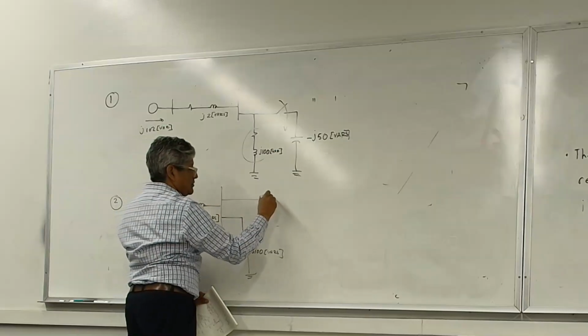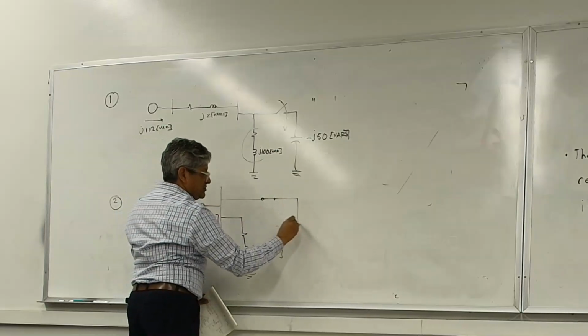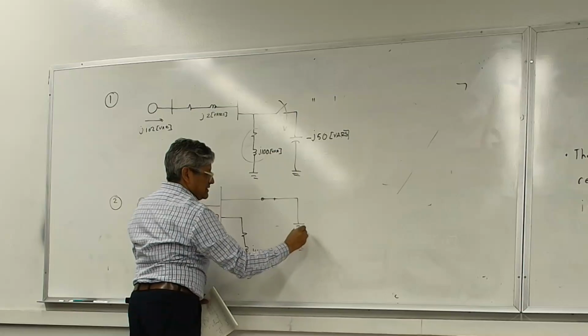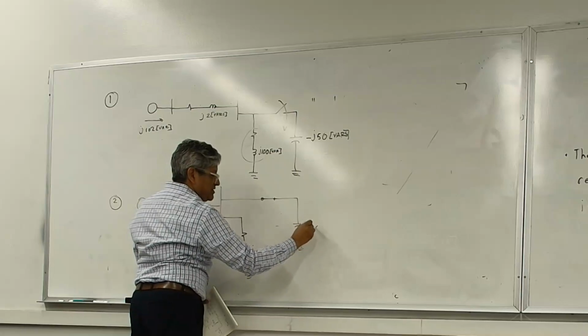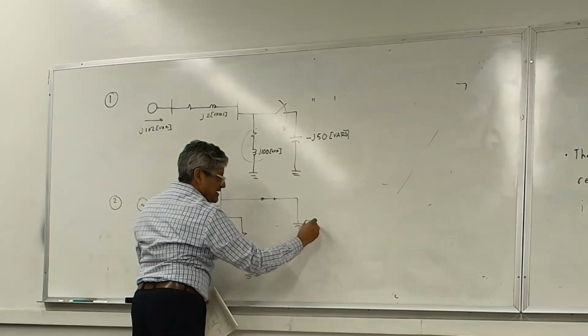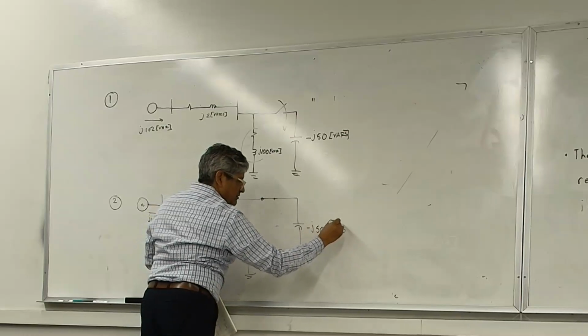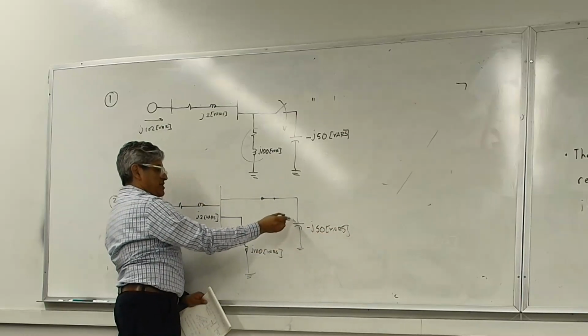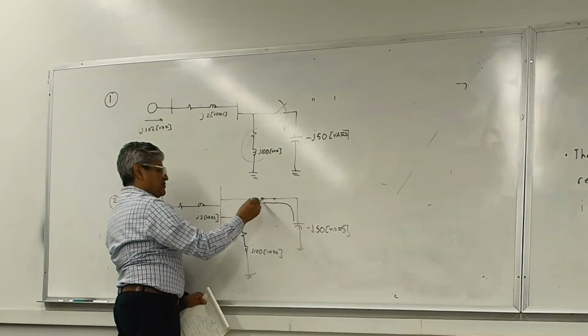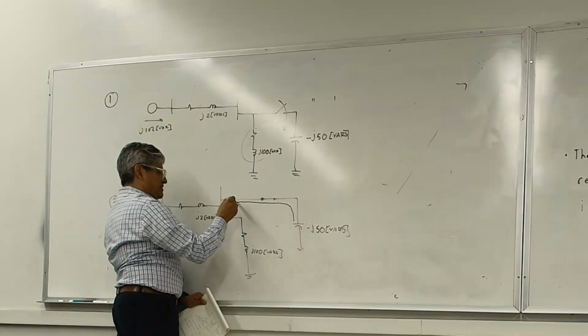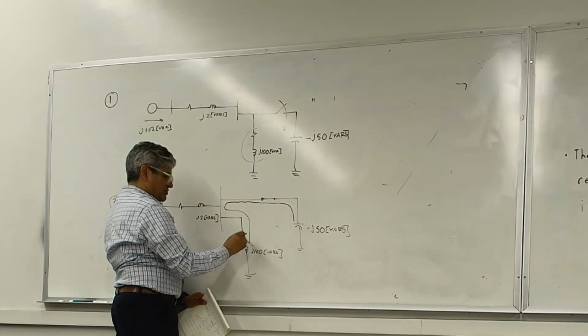Great. Close the switch. Energize the capacitor. Now the capacitor is giving me J50 bars. Okay? So that means the bars will start going and saying, hey, where can I go? Goes here.